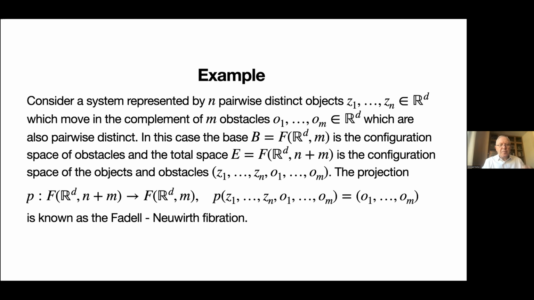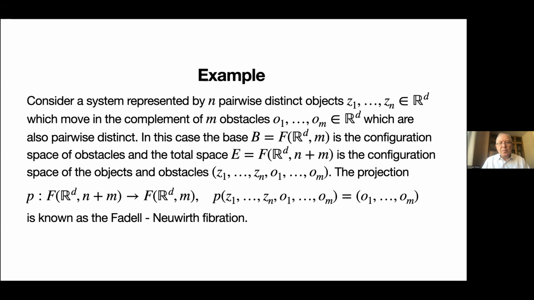And here is a main example, which actually was our main motivation for this work. So consider a system represented by n pairwise distinct objects, z_1, ..., z_n. So we have n robots, which are represented by distinct points in R^d, and they have to move in the complement of m obstacles, o_1, ..., o_m, in the space R^d.